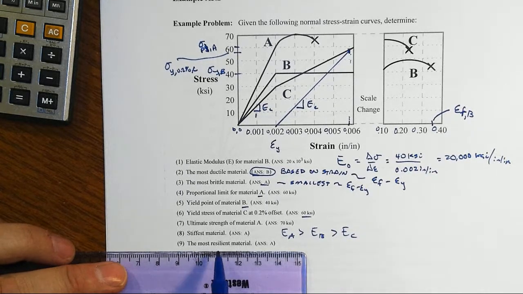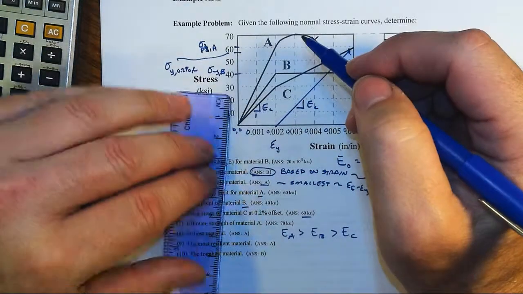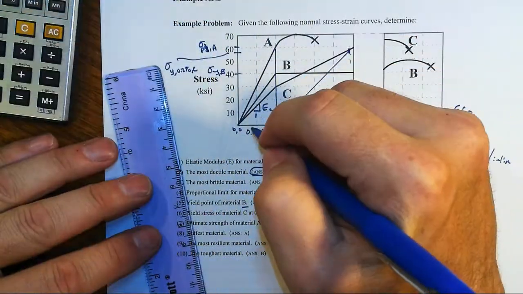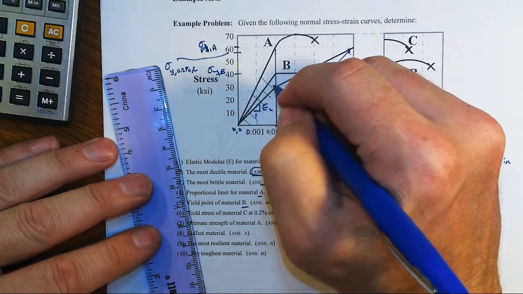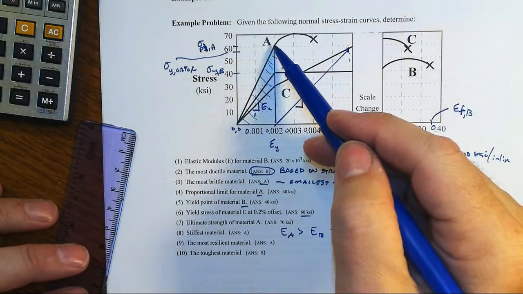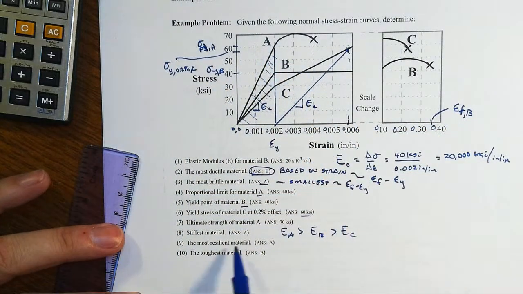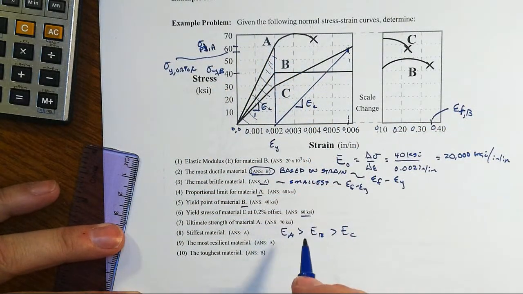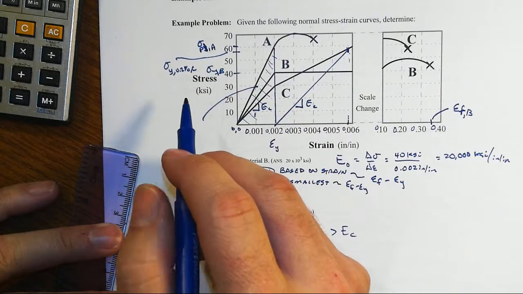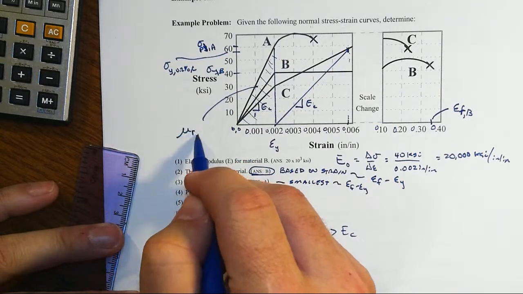The most resilient material is the one that has the greatest amount of energy associated with the linear elastic region, so that doesn't have to be the greatest stiffness. But notice A has the greatest stiffness and the greatest proportional limit, so the answer is going to be A. That area here would be our modulus of resilience.